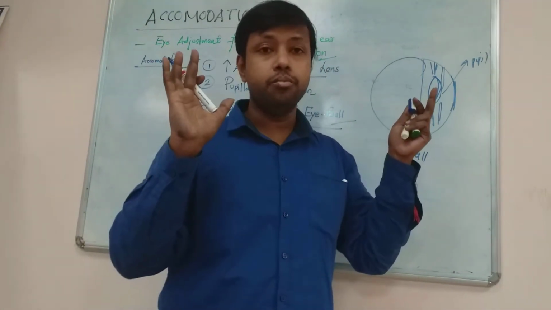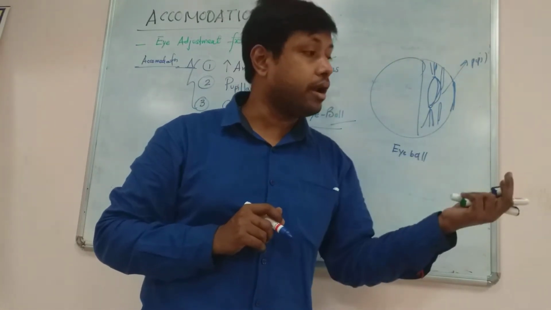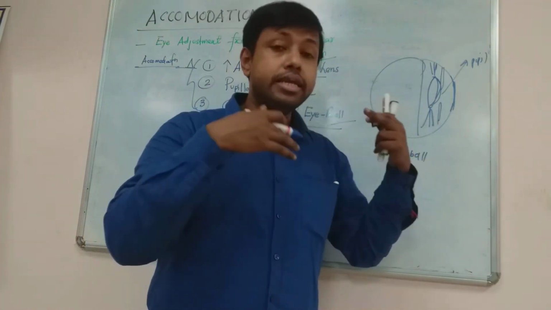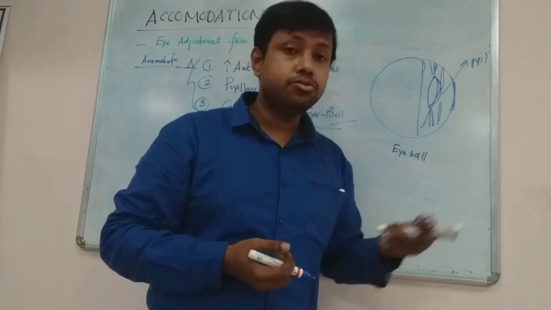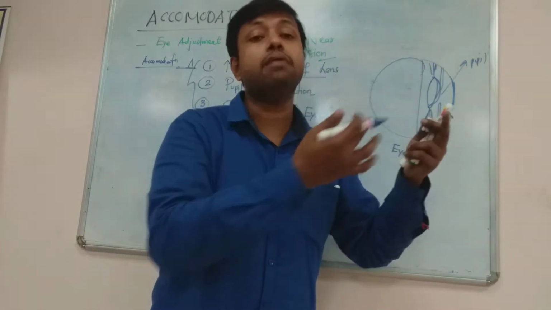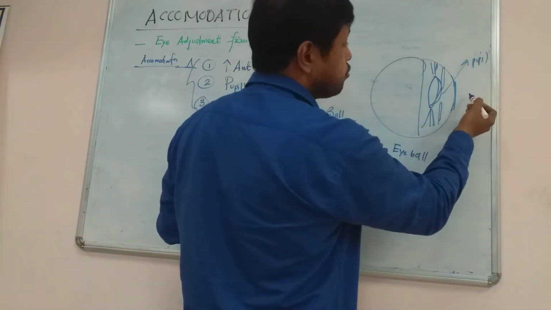It will be divergent now. Can you understand? So when the object shifts from distance to near one, it changes the nature of light coming out from the object. So now the light coming out from the near object will be divergent.